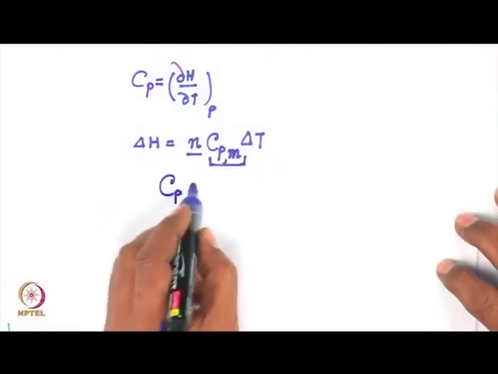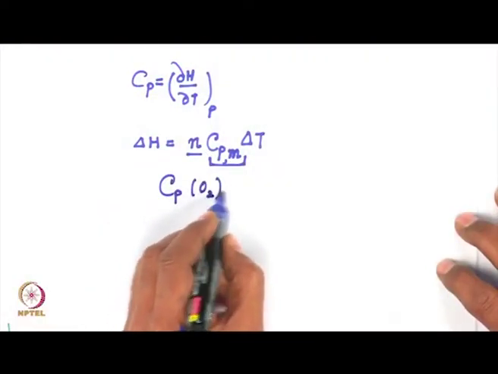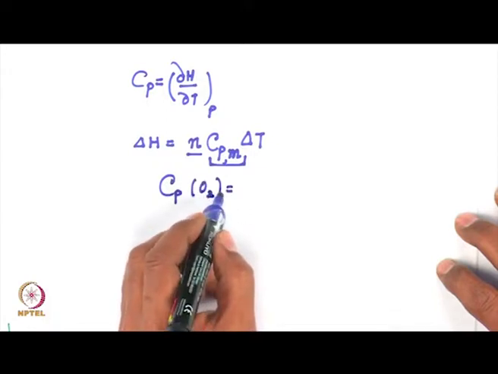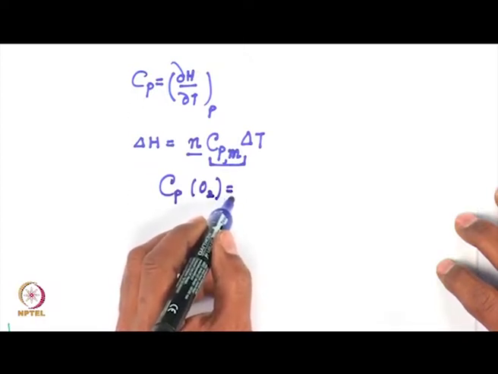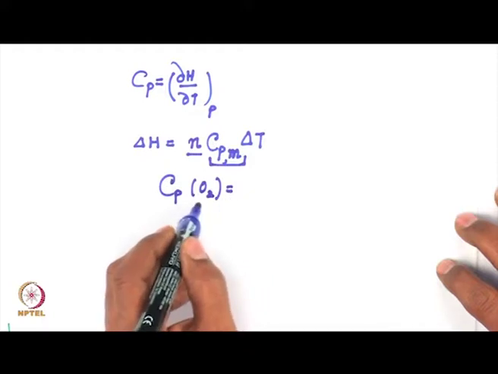Therefore, the value of Cp for oxygen will be equal to 3 by 2 R, the contribution to Cv that comes from translational degree of freedom, and being a linear molecule another R contribution comes from the rotational degree of freedom.